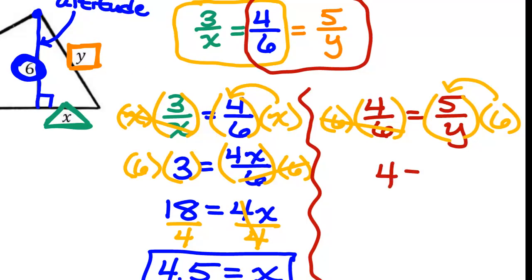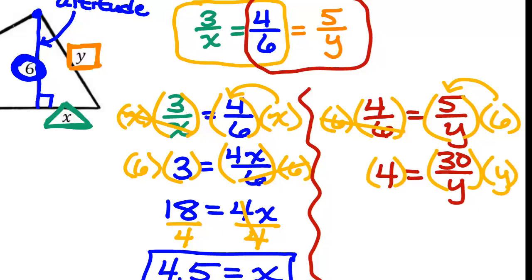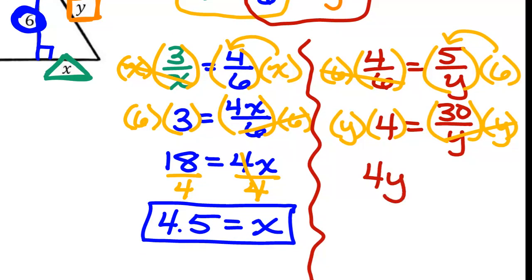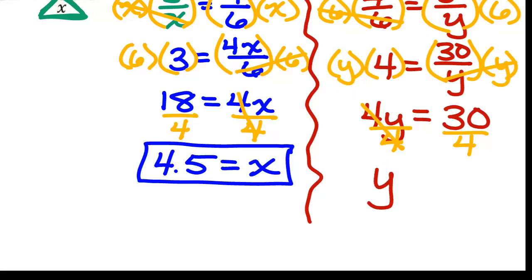So I would have 4 equals 30 over y. Multiply both sides by my denominator of y. That would give me 4y equals 30. And then divide both sides by 4. What is 30 divided by 4? 7.5. Nicely done.